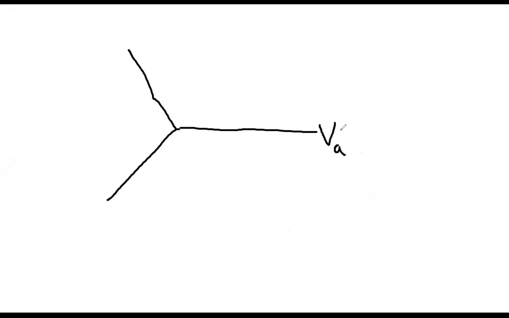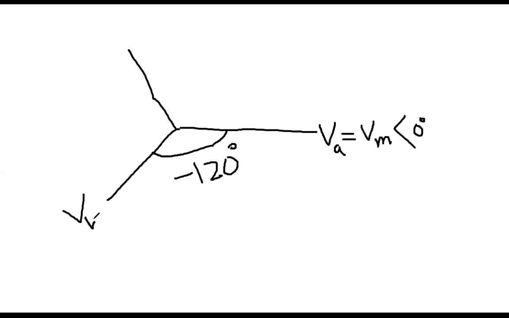Everybody see, this is VA, therefore it has that magnitude Vm, and then it has the phase angle 0 degree. Then you go clockwise, so this is minus 120 degree. This means this is your VB. That's why in the expression, like you noticed, the magnitude is the same, and then the angle is minus 120.